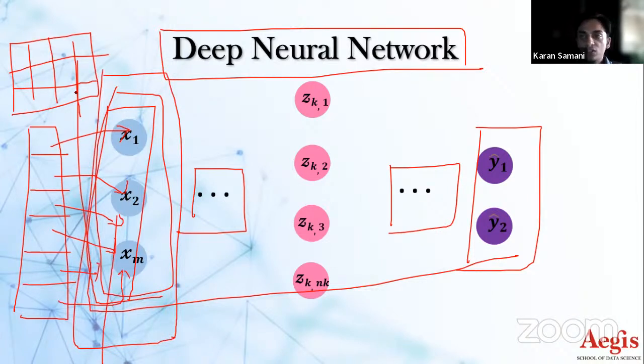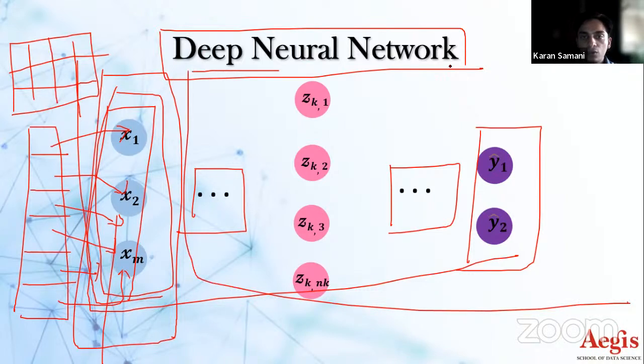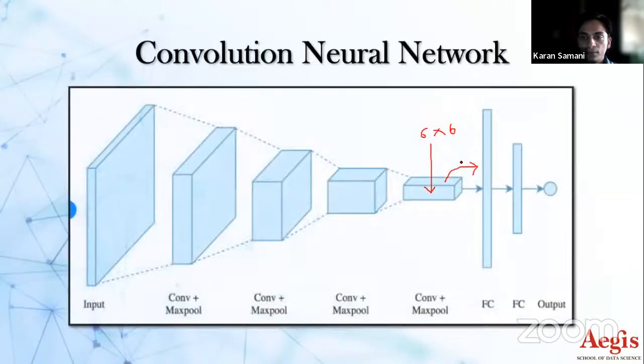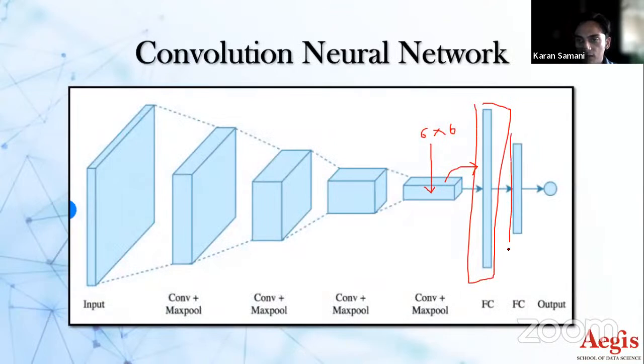We unfold the image matrix into a straight vector and provide it as input to our neural network, which is known as a fully connected layer, as it is fully connected to the output. This network is an FC layer, and then we have an output, whether it is a cat or a dog.